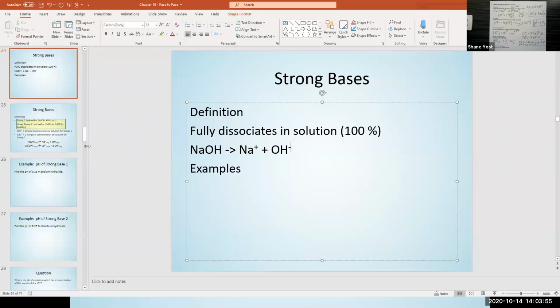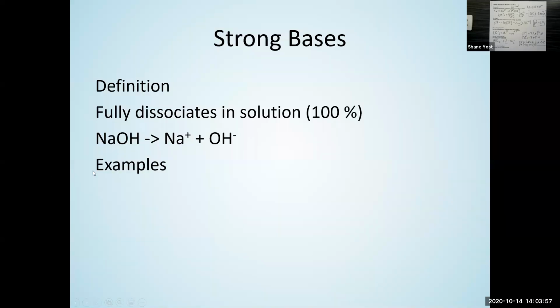A strong base is considered strong because it fully breaks apart in solution. Something that doesn't fully dissociate is a weak base or a weak acid. So strong acids and strong bases fully break apart in solution.